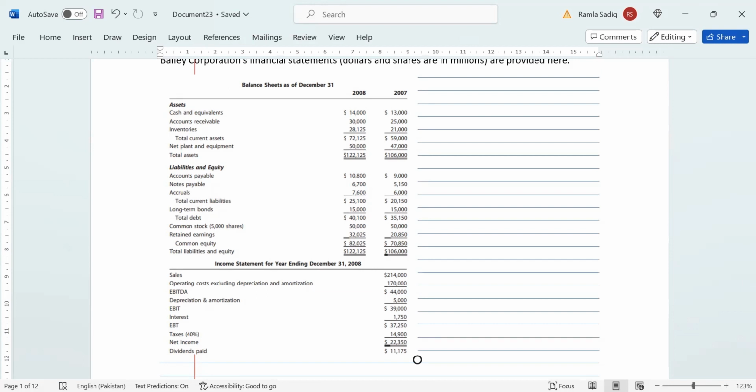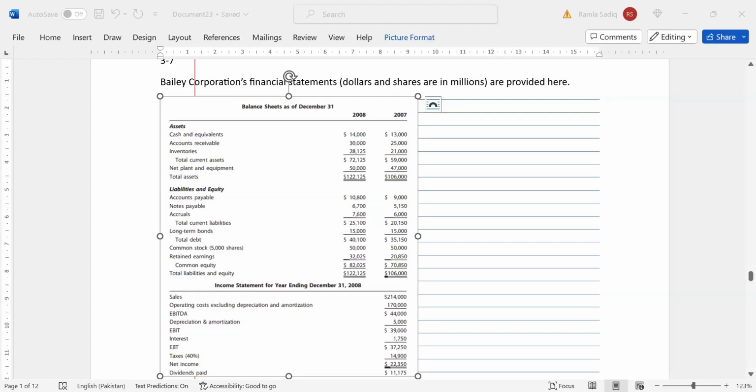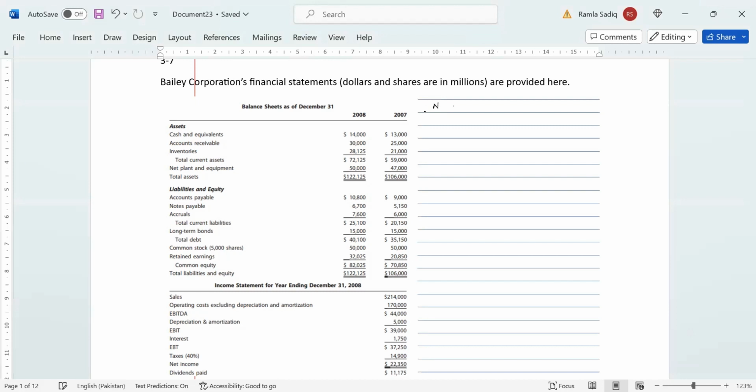Now for current assets and current liabilities, we want to make sure that we can see 2007. So when we're looking at the 2008 and 2007 statements, what we want to make sure when calculating our working capital is that we're looking at the right part of the statement.